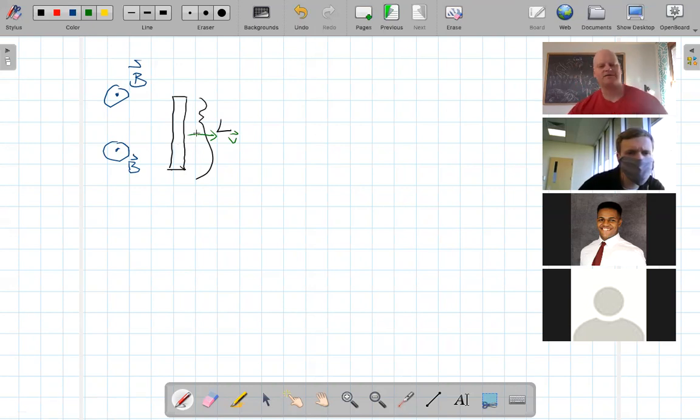So for the most part, this rod moving in an external magnetic field acts almost identical to a Hall effect. So remember what happened in the Hall effect was as the charged particles are moving in the external magnetic field, they're going to feel a force causing a charge separation. The same thing is going to be true here. Because remember, if I have a conductor, I have charged particles basically everywhere throughout this conductor.